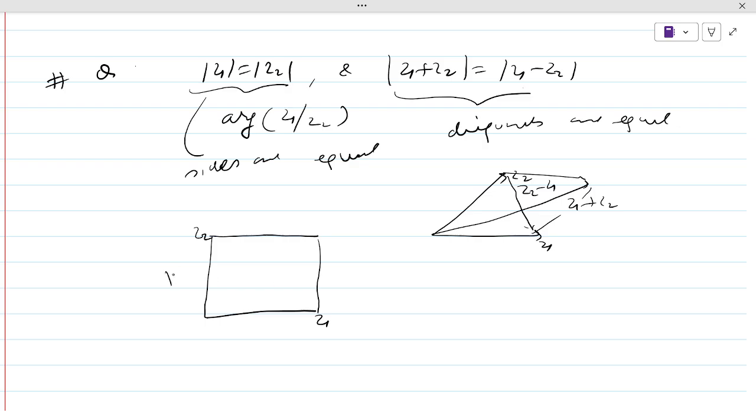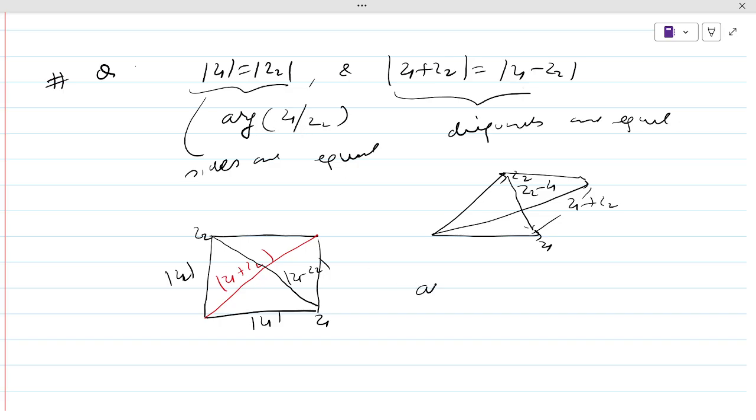This diagonal is z1 plus z2, and this diagonal is z1 minus z2, as I discussed in the beginning of the lecture. They say these are equal. So what is the argument of z1 upon z2?